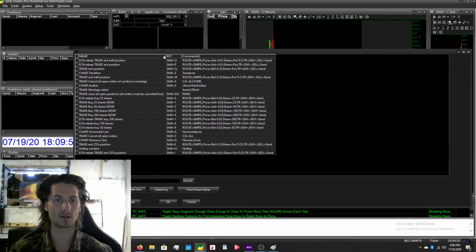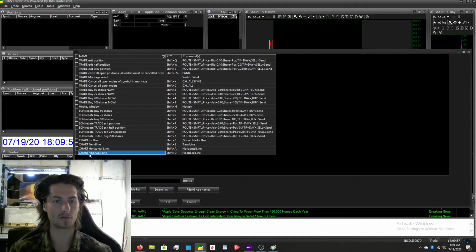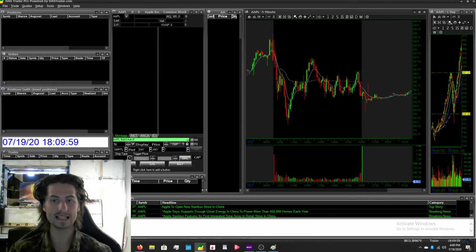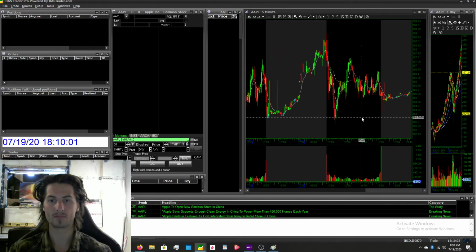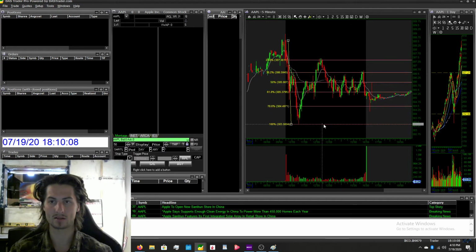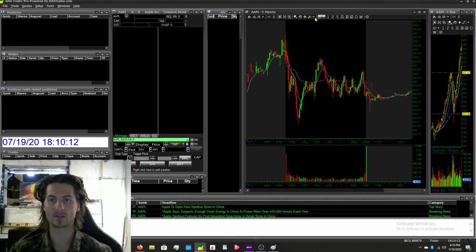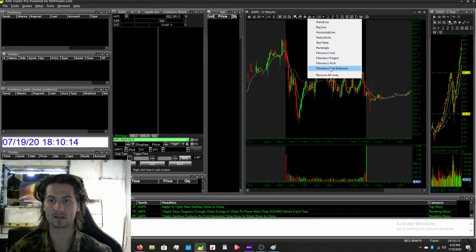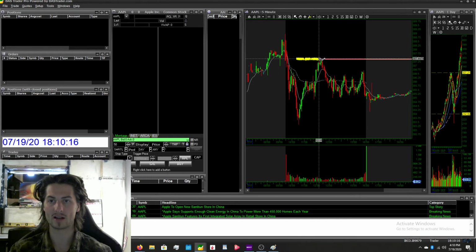And then last but not least, we have chart Fibonacci line, which is Shift D. I can go here and do a Fibonacci retracement from the high of the day down here or whatever, and it makes it a lot easier than going up here, clicking Fibonacci line and then doing it.